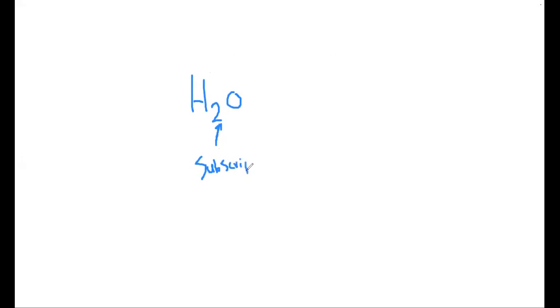That means we have how many hydrogen atoms? 2 hydrogen atoms and 1 oxygen atom. The subscript 2 is for H, not for O. But why is there no subscript next to O? Because oxygen only has 1 atom. When there is only 1 atom, we don't write 1. It is well known in science that it is 1.